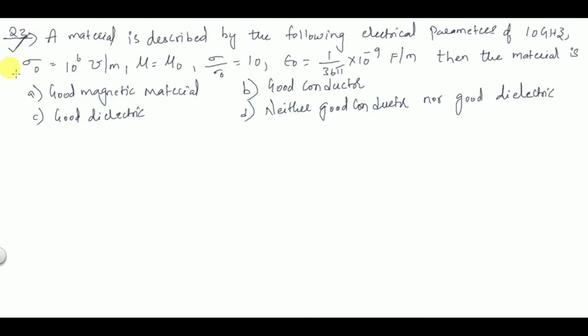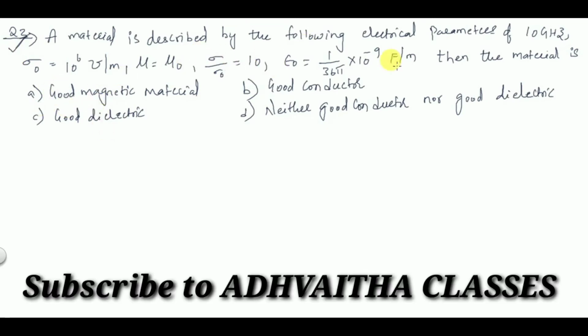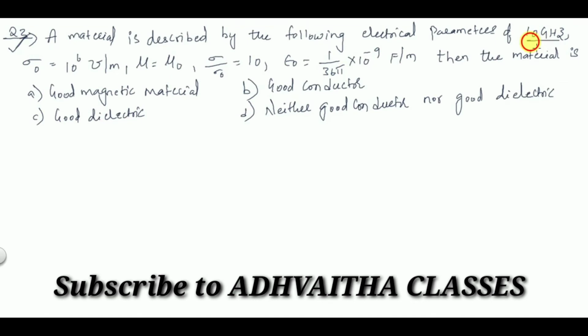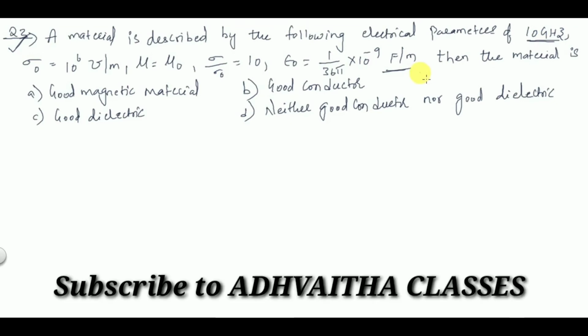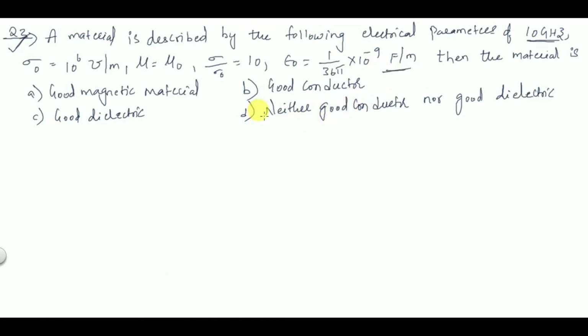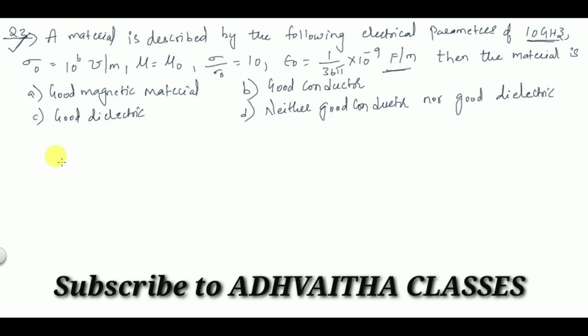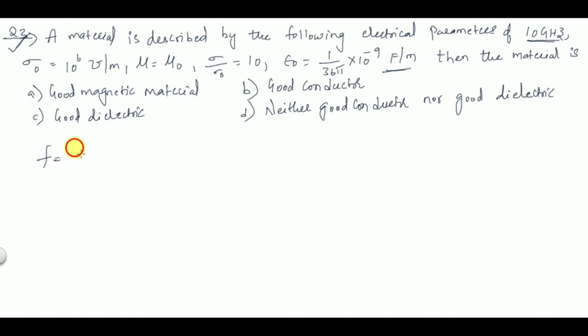Next we'll see the next problem. In this problem he has given some electrical parameters at a frequency, and he has asked you to find the type of material, that is, the type of medium. What are the parameters he has given? Frequency is 10 gigahertz.